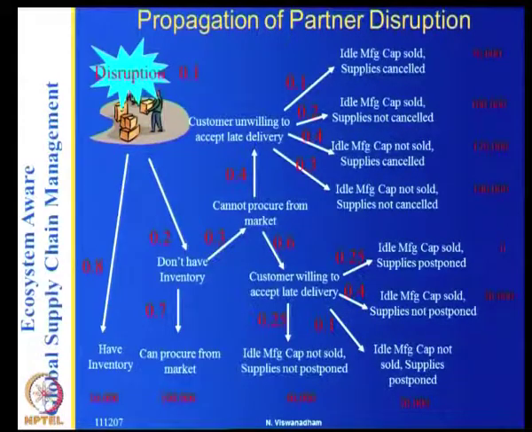So if you want to make a decision, how do you create resilience here? One thing is you want to have inventory. Instead of going through all this idle capacity and all these problems, you can have cost estimates of all these options and say, look, it is better I have the inventory, I need not stop.